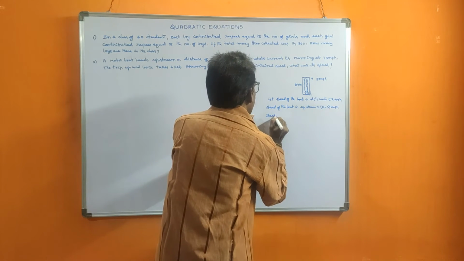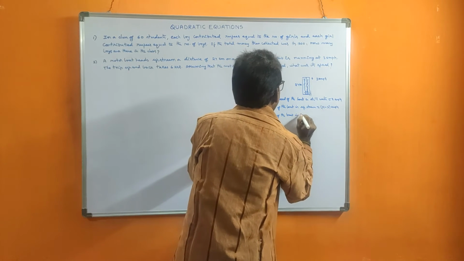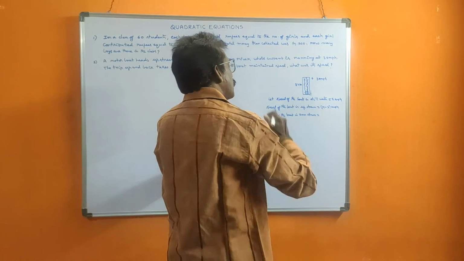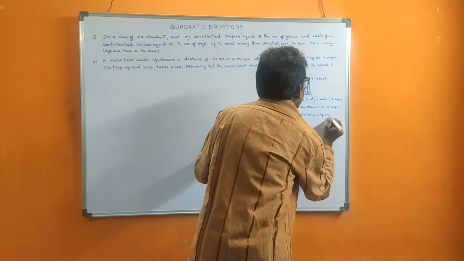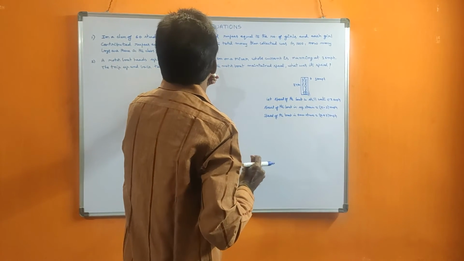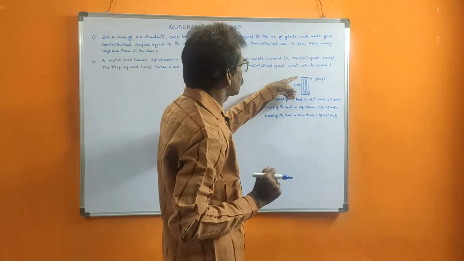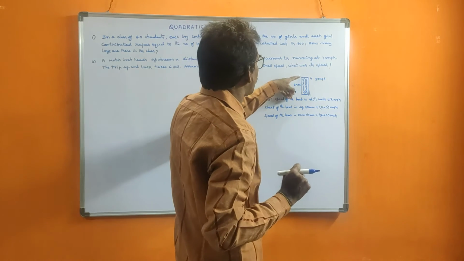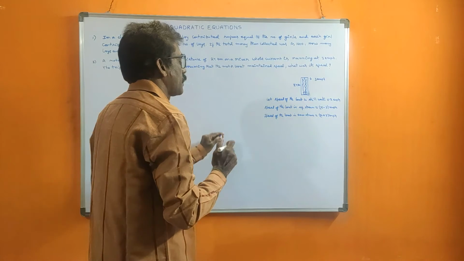Speed of the boat in downstream, meaning along the water current, is x plus 3 kmph. These are the speeds. The total time taken is 6 hours, for up and down. He travelled 24 kilometers upstream, and then came back to the same position, another 24.